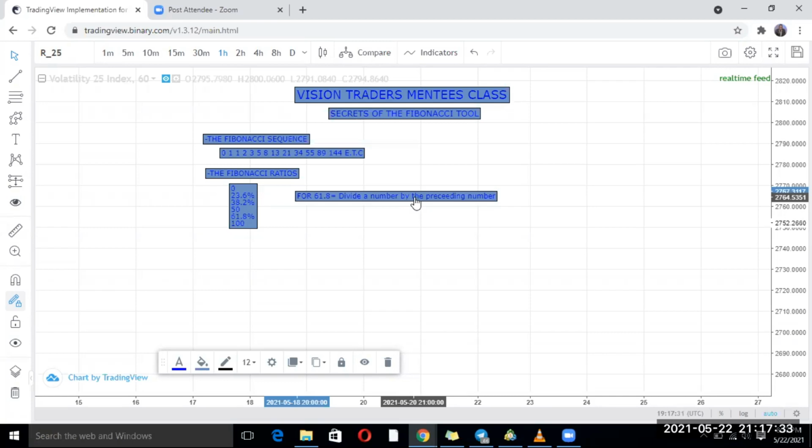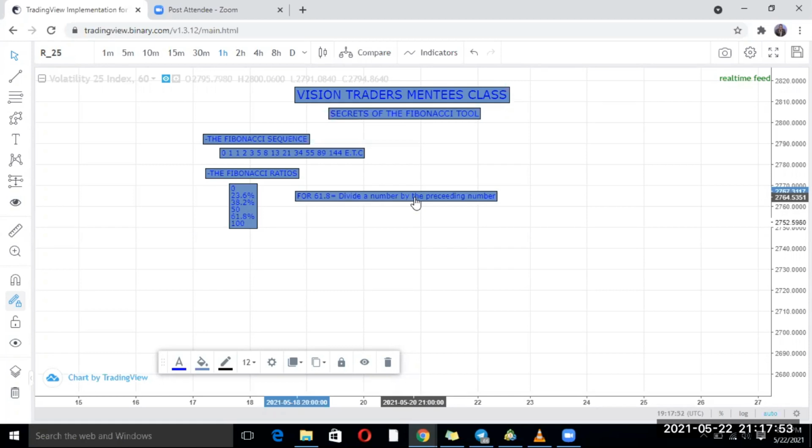Let's pick at random, let's pick 13. What's the preceding number? That's 21. 13 divided by 21. Let me have my calculator here.